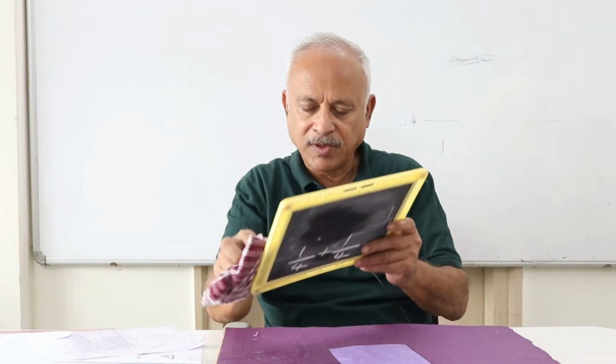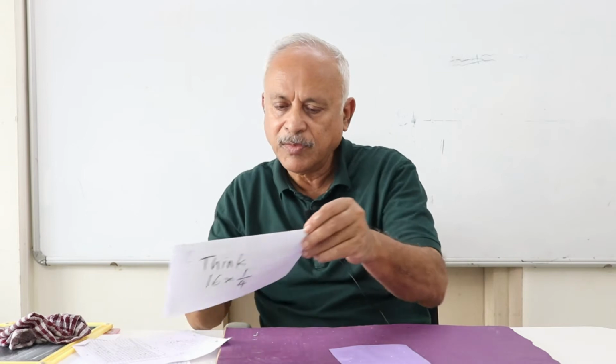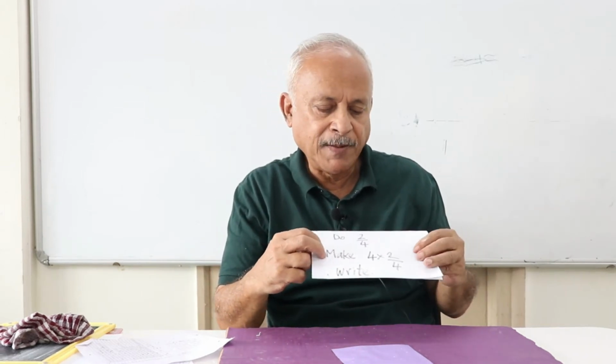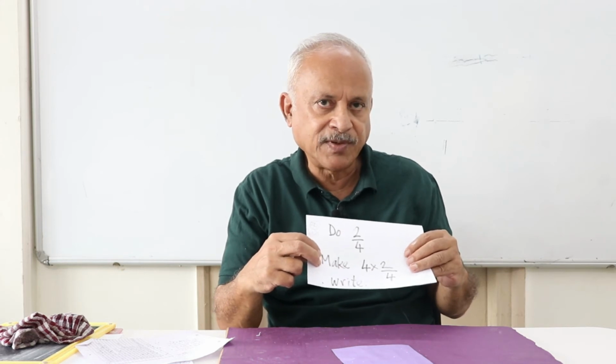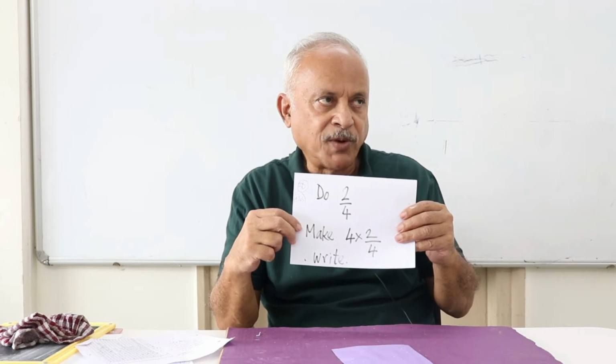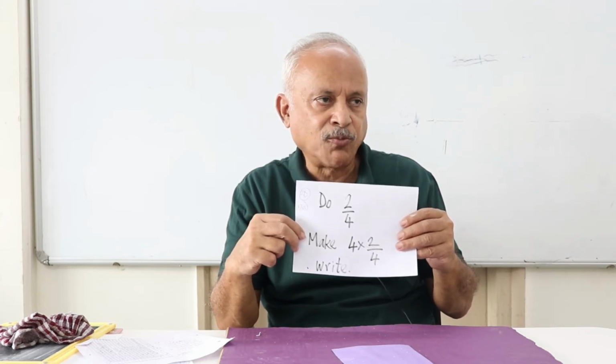Now, this is the problem. So we know what is 2 by 4, 2 pieces of 1 by 4. Make 4 times 2 by 4. Nandita, keep that on your board.